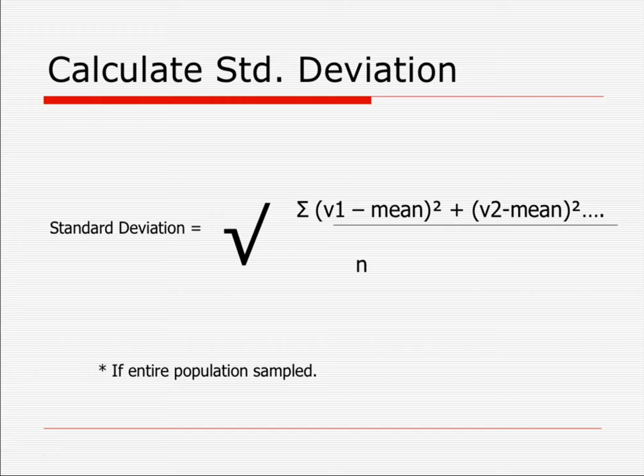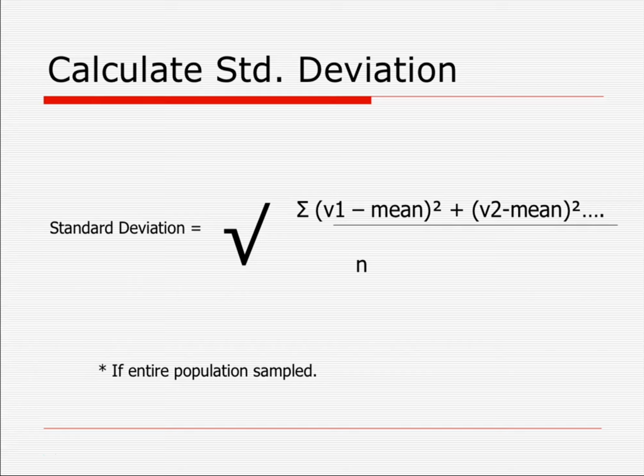And say we had a series of values and wanted to calculate the standard deviation. The first person marked a 2. Well, that would be value 1. If we looked at all of those responses and calculated the mean, maybe the mean is a 3.4.